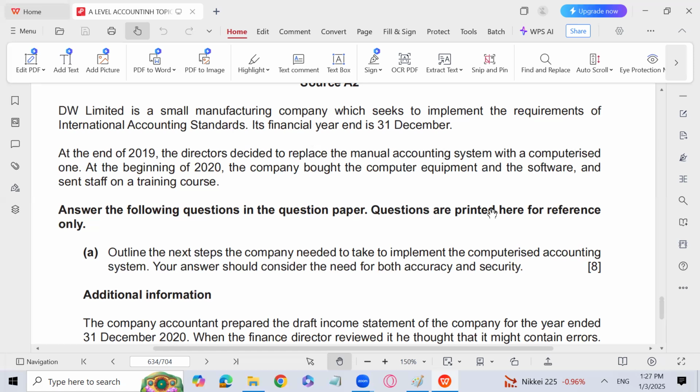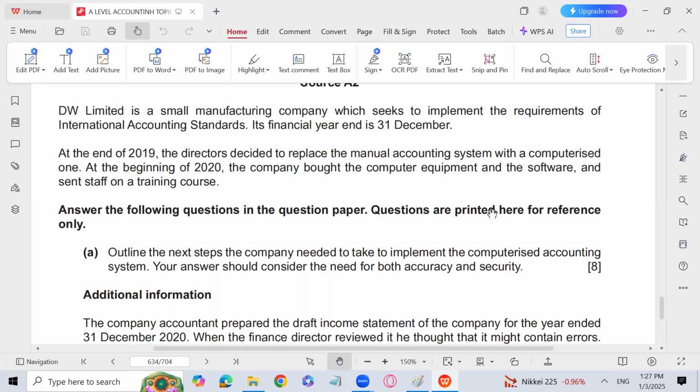Then again, you have to run the computerized system along with the manual system, because the computerized system may not be that vigilant or the employees are not that much trained. So you have to keep the backup. The backup should be important.